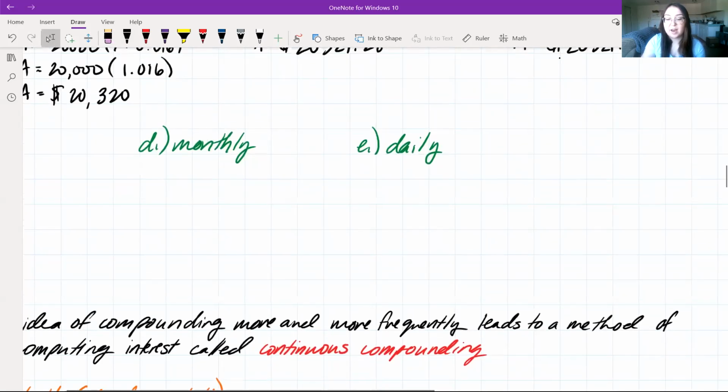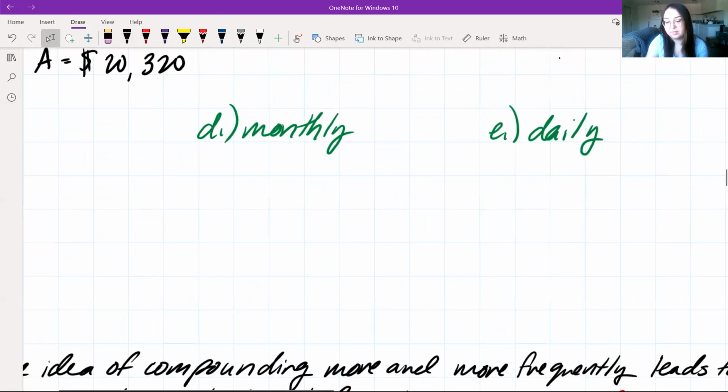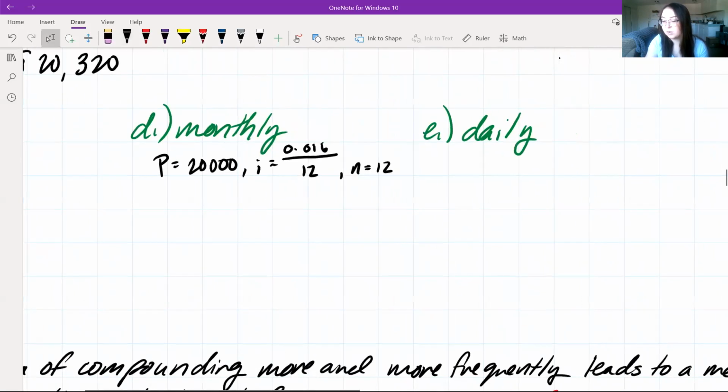Now let's try out monthly. Same P value here, still 20,000. Our interest rate is 0.016 divided by, monthly is 12 times a year, so divided by 12. And our n is going to be equal to 12 as well.